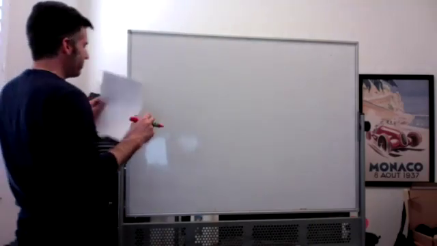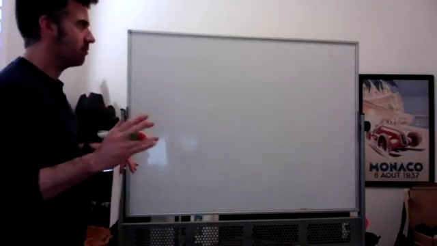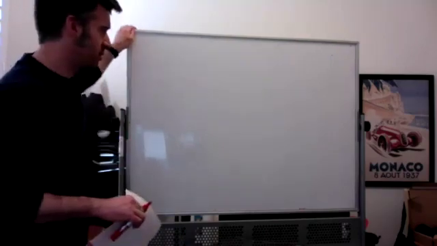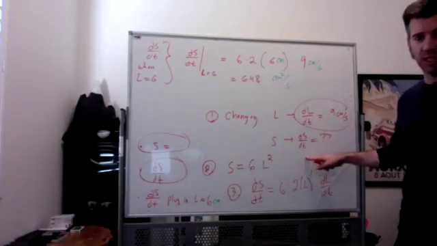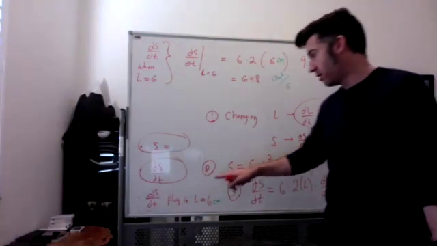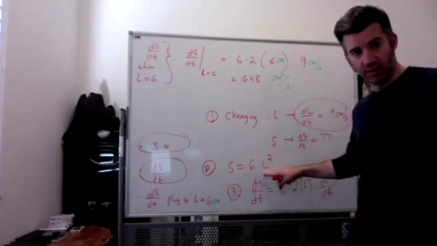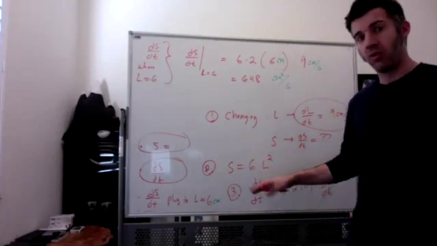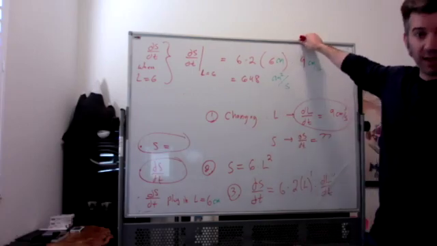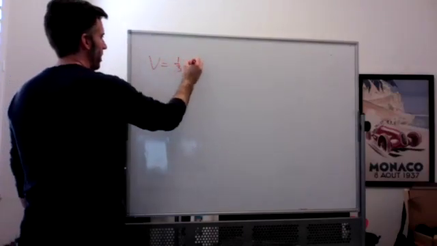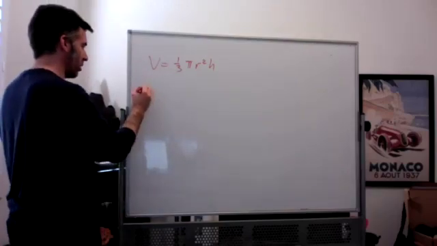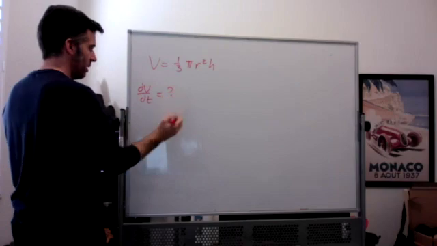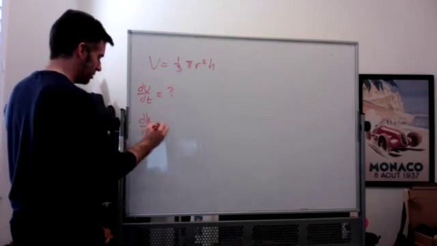Most of the time with related rates problems, it's the situation where you know one thing is changing, you want to know how something else is changing, and you can write how one thing depends on the other thing using those variables. We talked last time about how the volume of a cone is given by 1/3 pi r squared h, and typically you want to know dV/dt, and you know what dh/dt is, or vice versa.